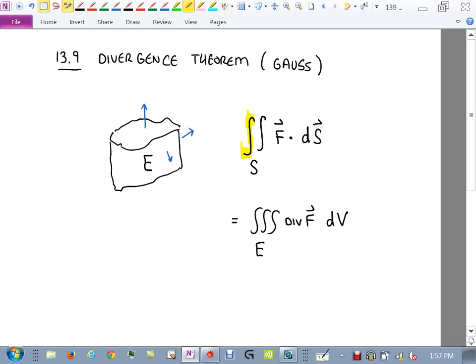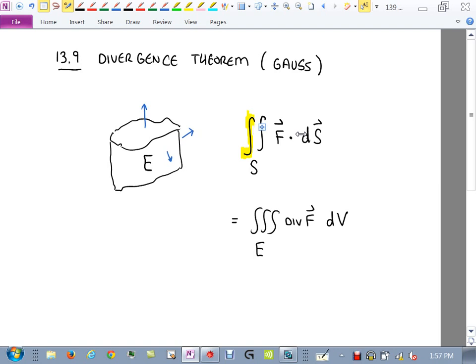So what is this right here? That's our surface integral, our flux. We've seen that before.